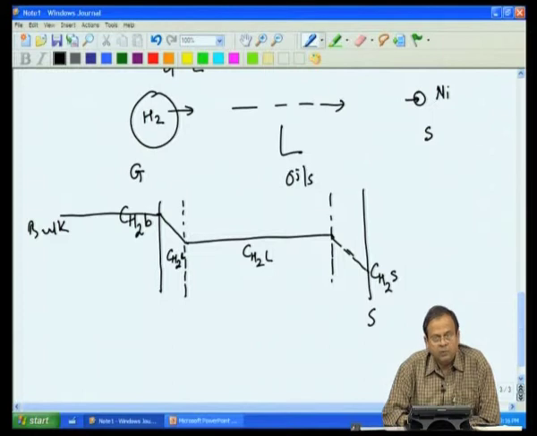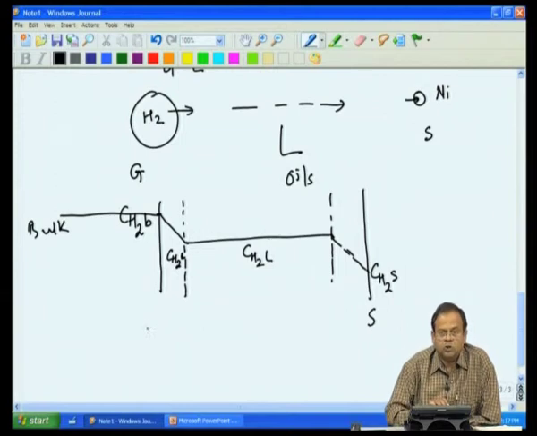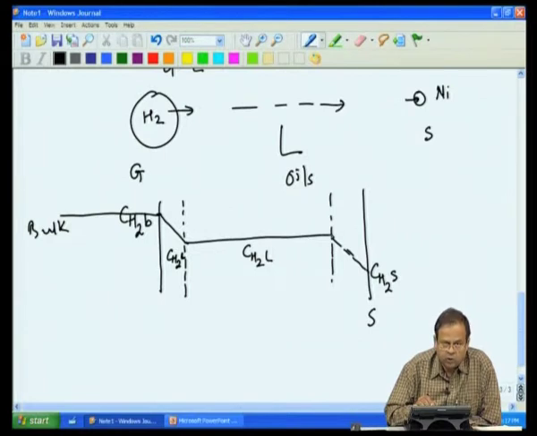So, once again I repeat, we have two interfaces, gas liquid and liquid solid, and therefore two mass transfer resistances, namely from the bulk gas to the bulk liquid, all mass transfer in this thin film. Bulk liquid transport or mixing is good. So, we do not assume any further drop, but from the bulk liquid to the solid, entire mass transfer in this boundary layer, and we have concentration C2S.